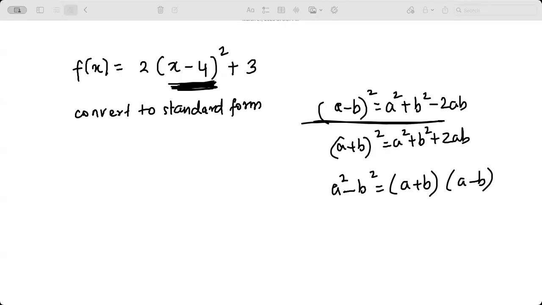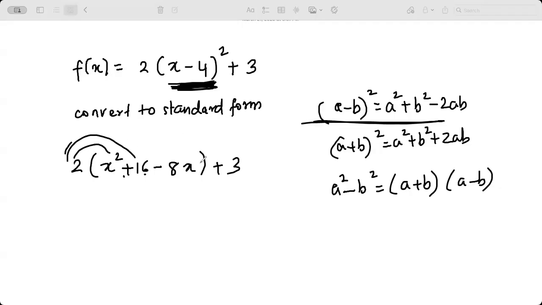So f of x is equal to 2 times x squared plus 16 minus 8x, using a square plus b square minus 2ab, plus 3.